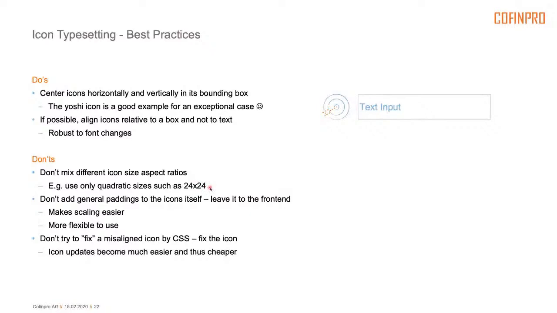Also, in your icon set, don't mix different icon size aspect ratios. So only use icons with a fixed size, such as 24 × 24. What you sometimes see is that those icons have a padding in their bounding box.